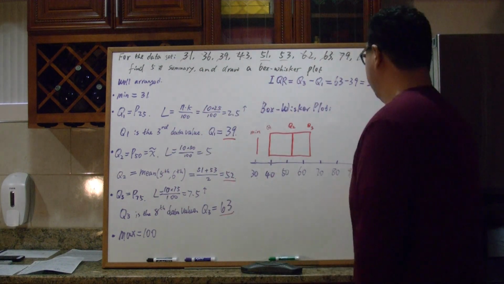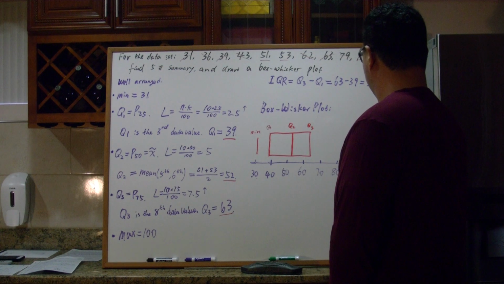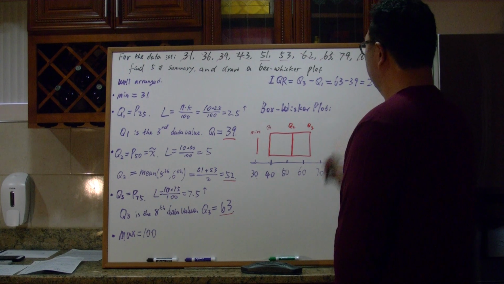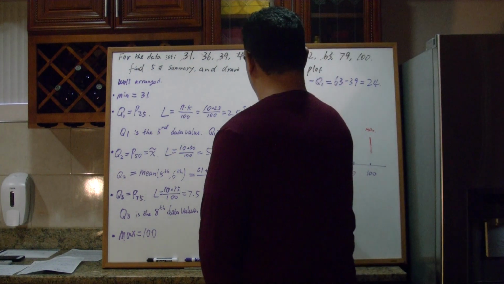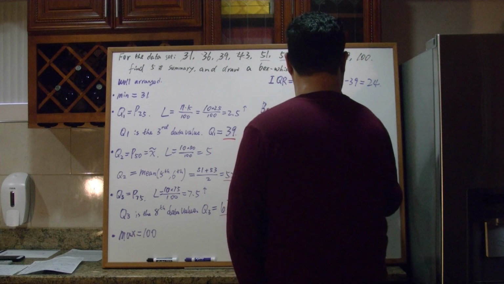And then our maximum is at 100. We draw a vertical line at 100 to be our maximum. Then we use the whisker to connect them to the box.